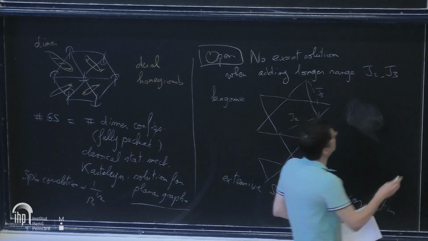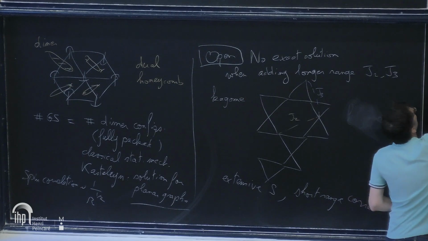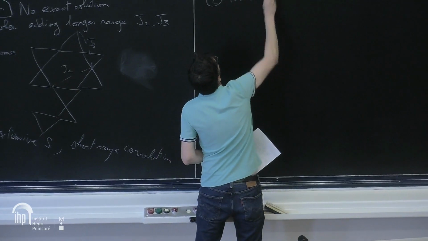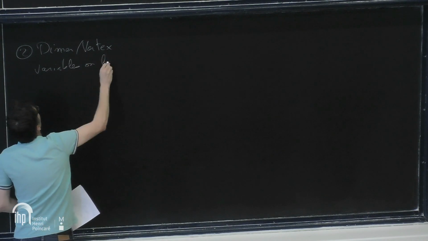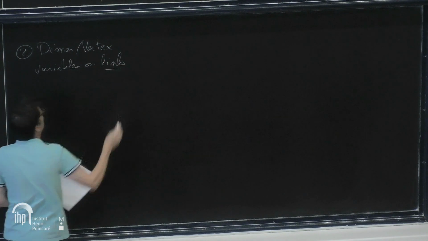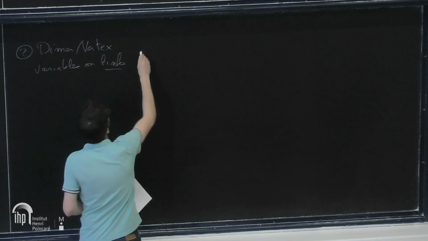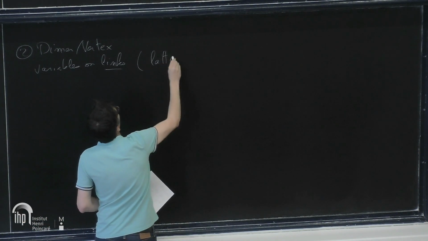So this was for Ising, but I'm going to dimer or vertex models, where the variables live on the links. And that's where we start touching on a connection with gauge theory.